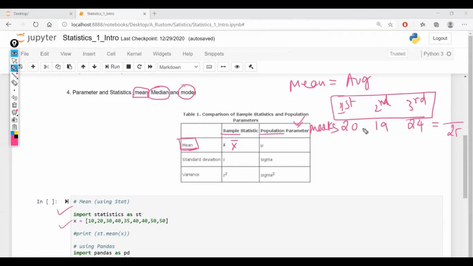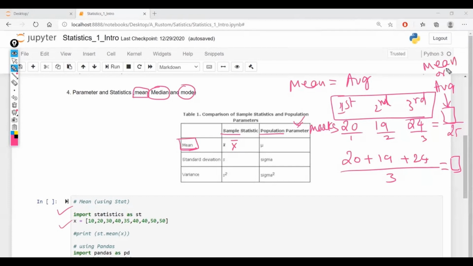It is basically the average of this data: 20 plus 19 plus 24, divided by how many tests? 1, 2, and 3. So whatever data you get, the mean is simply the average of all your data.